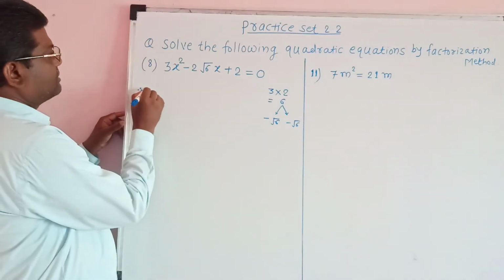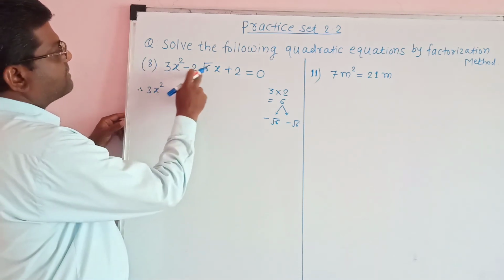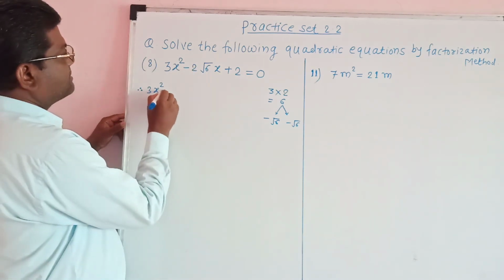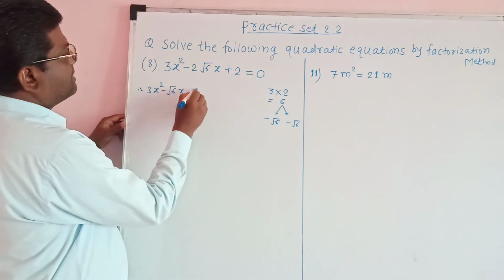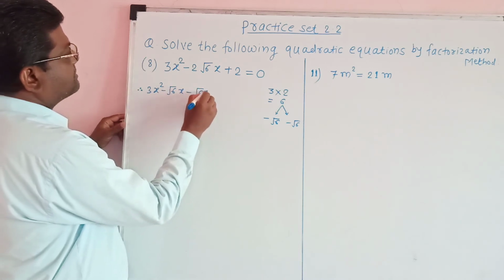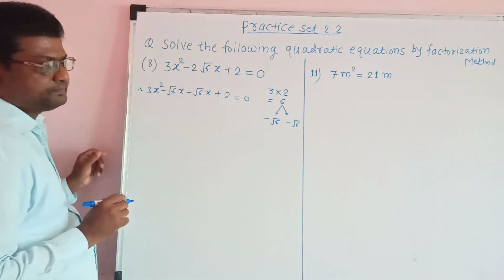Therefore, we split up the middle term minus 2 root 6x as minus root 6x and minus root 6x, plus 2 is equal to 0.